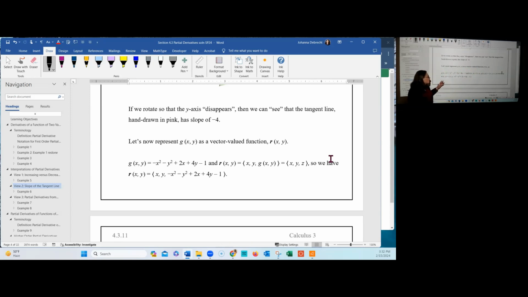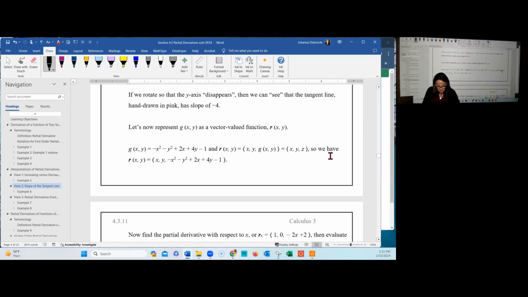So basically all we're doing here is just rewriting it as vectors so that the endpoints of those vectors produce the curve. So this gives me r of x and y as x equal to x, y equal to y, and z equal to the original value of g.